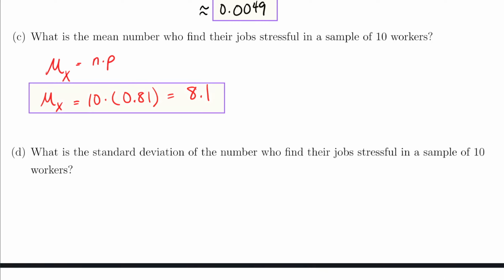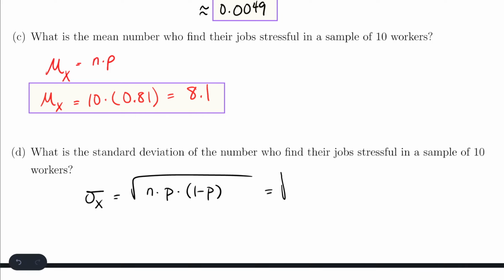So next up, what's the standard deviation of the number who find their job stressful in a sample of 10 workers? Take a moment to look at the top of this page and write down the relevant formula. What formula represents standard deviation along with the notation we use to describe that? That would be sigma subscript x is the square root, for a binomial distribution, of n times p times 1 minus p.